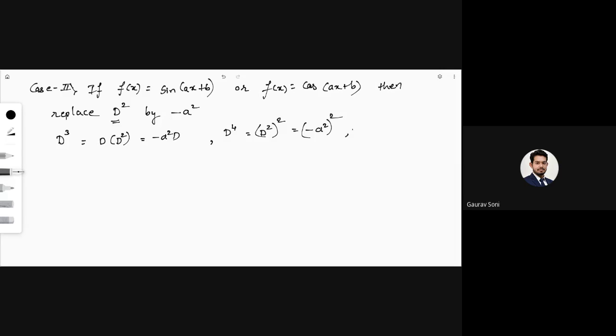If you have d raised to 5, then that will be d into d square squared. D square is minus of a square, complete square is a raised to 4, so a raised to 4 d. So this is how you have to replace, and you have to keep d as it is.